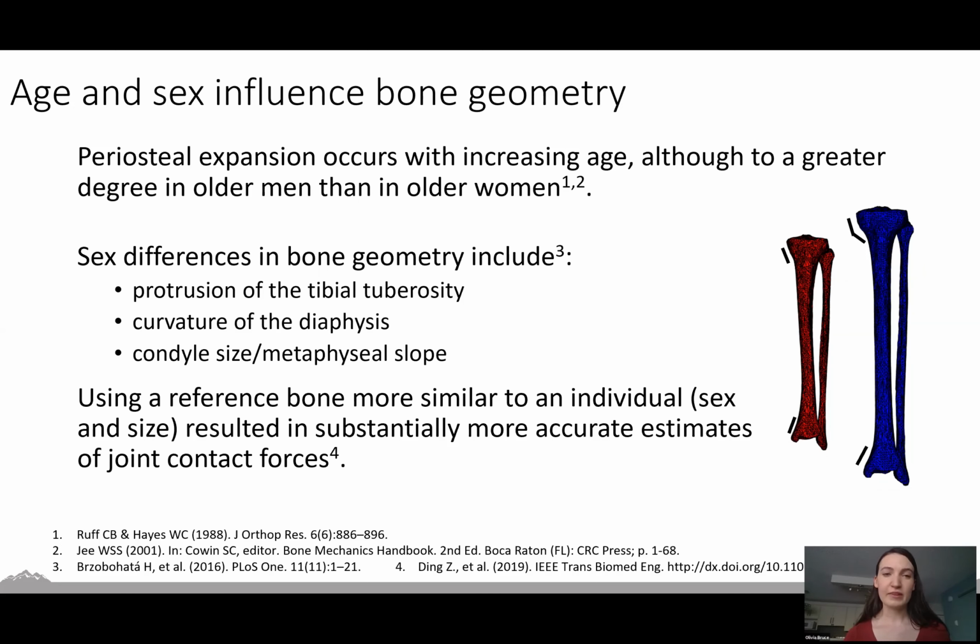Other differences in tibial geometry related to sex include greater protrusion of the tibial tuberosity, more acute curvature, and larger condyle size in men compared to women. When some of these variations were accounted for by using a sex and size matched reference model, joint contact force estimates were substantially closer to values for an image-based model when compared to a generic model.